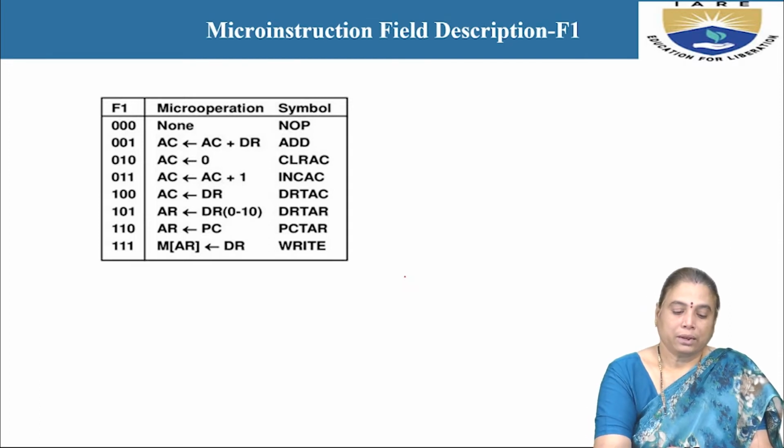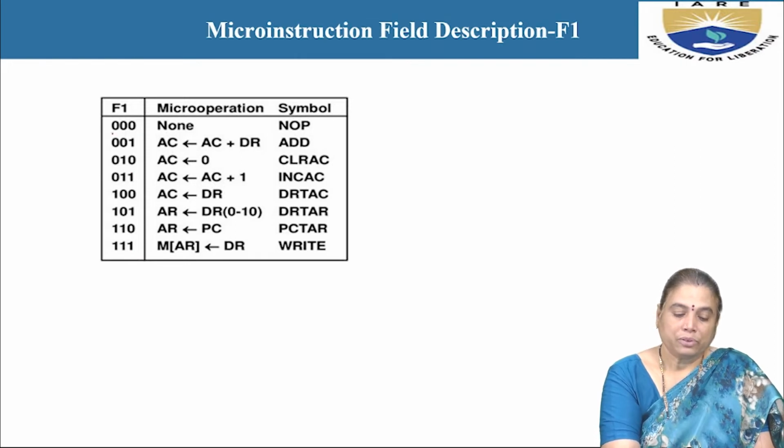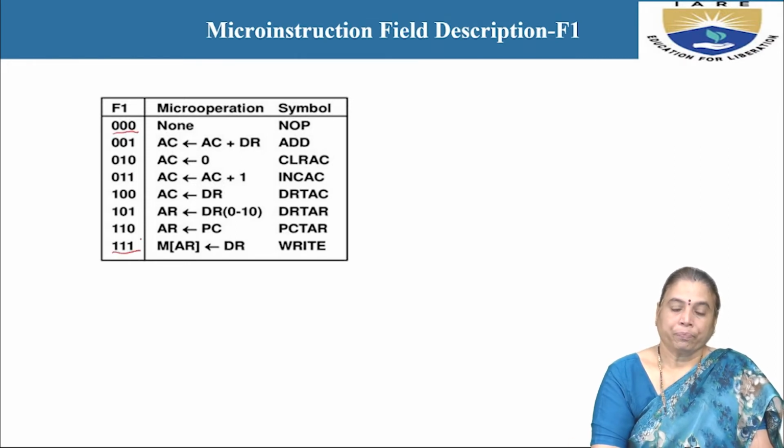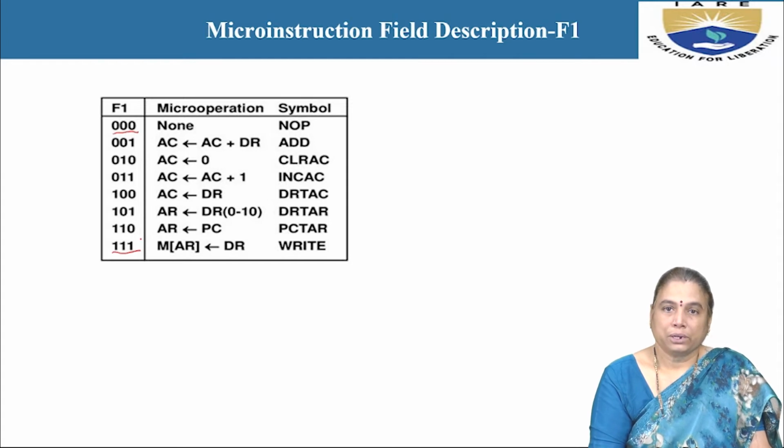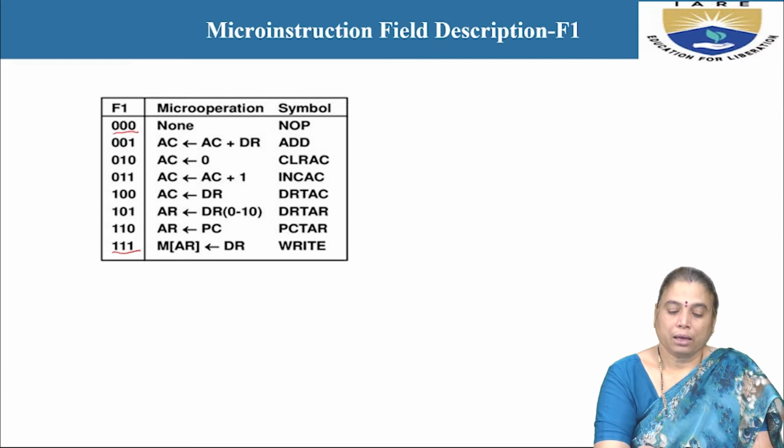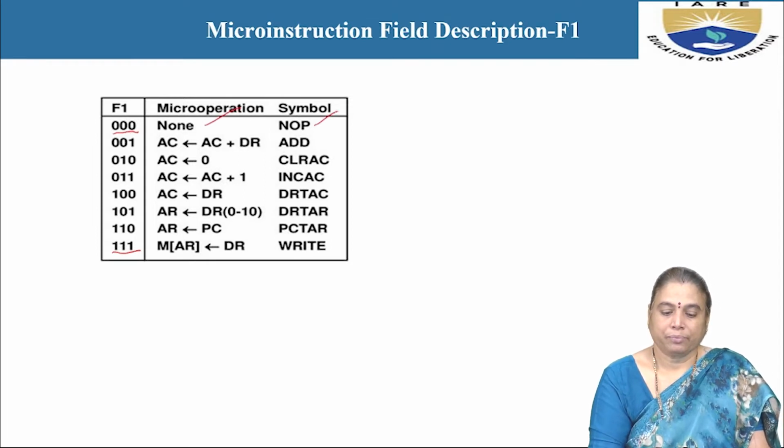With the 3 bits the user can perform 8 micro operations with a bit sequence of 000 to 111. So what are the micro operations that can be specified in field 1? If F1 consists of 000, it is NOP, no operation, and nothing takes place.